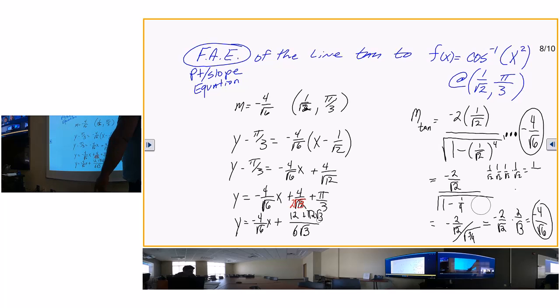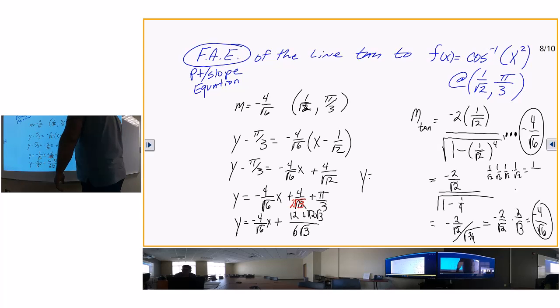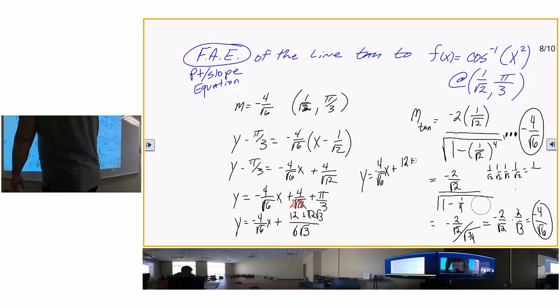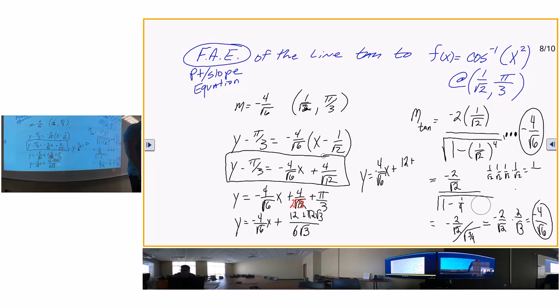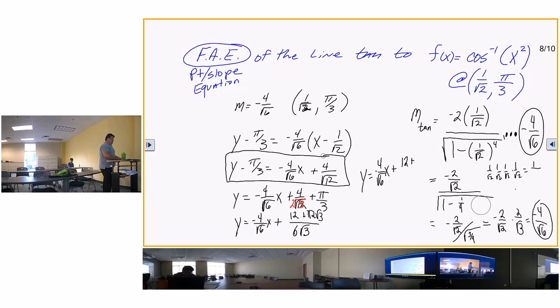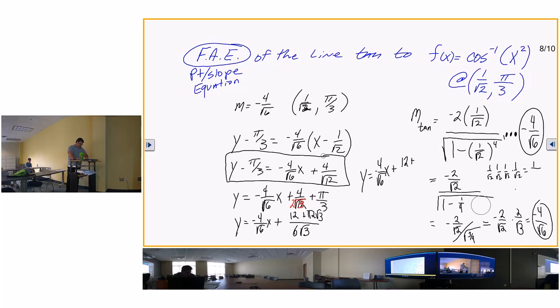The final answer is going to be y is equal to negative 4 over square root of 6x plus 12 plus, you could actually, somebody with a calculator could do that, I think we'll just leave it at this. That would probably be your final answer, unless they ask you to do it approximate. Yeah, that's what I got. Plus pi over 3.